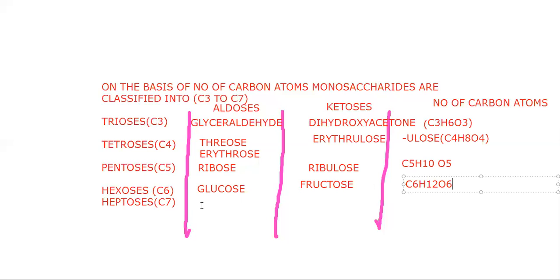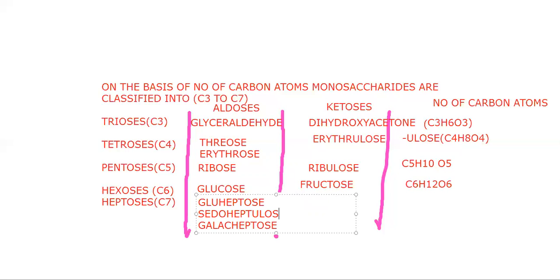And as far as the C7 sugars are concerned, we have glucoheptose or galactoheptose, a 7 carbon sugar. In the ketose category, we find sedoheptulose.